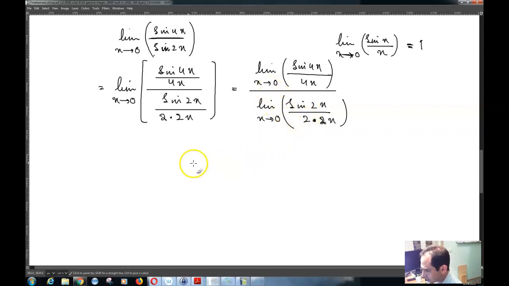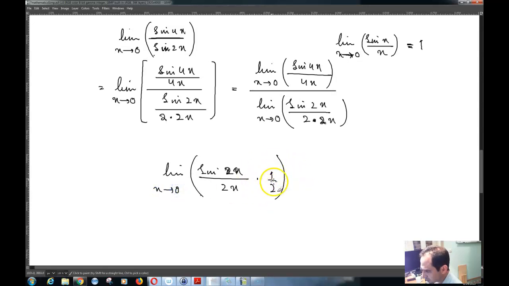This is the same thing as the limit of basically sine 2x over 2x, times basically 1 by 2, right? So you're taking the limit of this as x tends to 0.